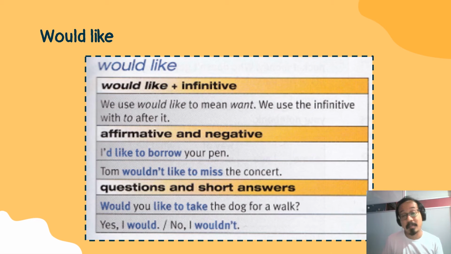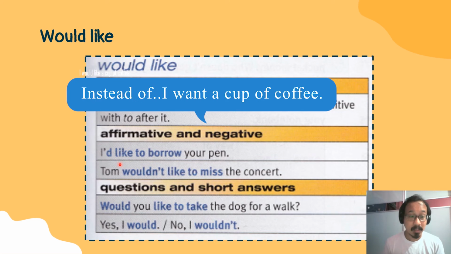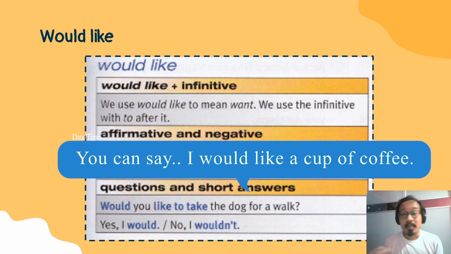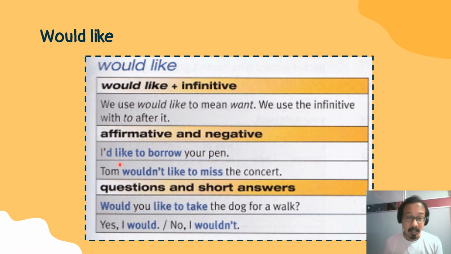For example, instead of saying I want a cup of coffee, you would say I would like a cup of coffee. For example, instead of saying I want a cup of coffee to go, you can say I would like a cup of coffee to go.